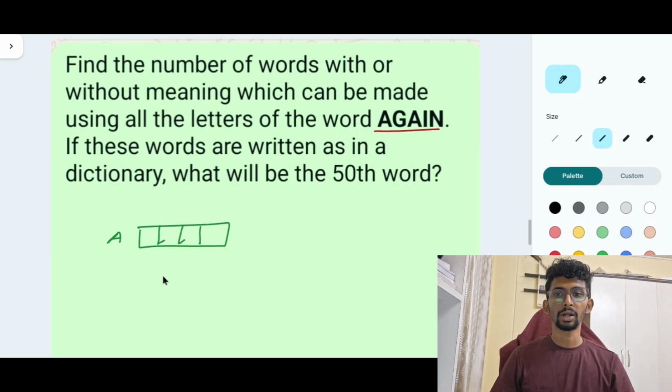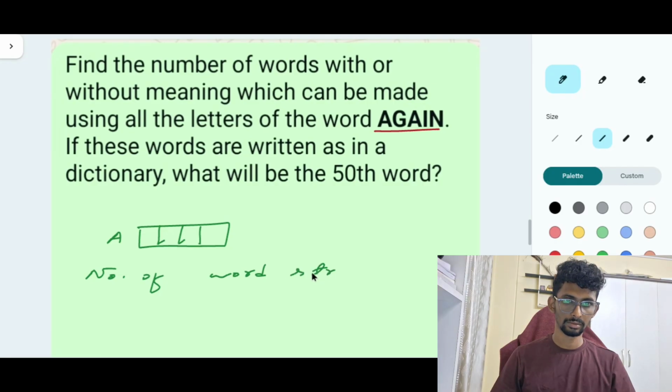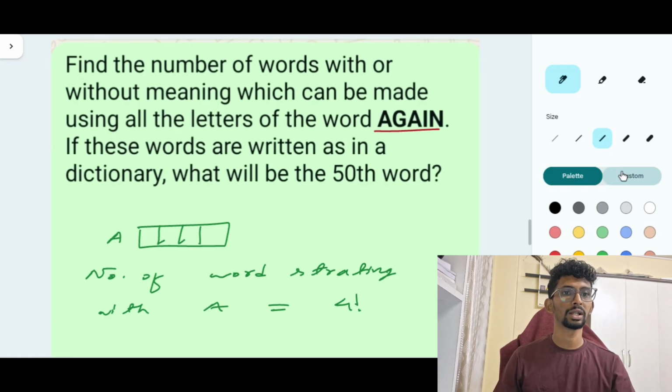So the number of words starting with A will be equal to 4 factorial. Why 4 factorial? Because 4 letters we have to arrange, A, G, I, N, because one is already fixed. So 4 factorial is nothing but 24. 4 times 3 times 2 times 1.